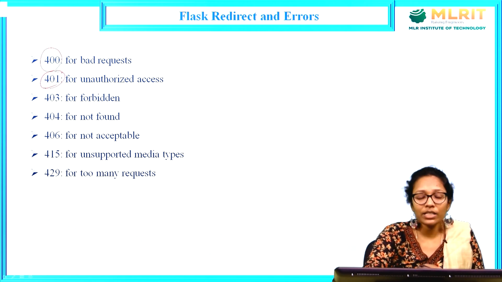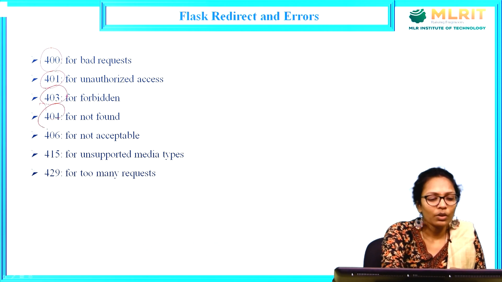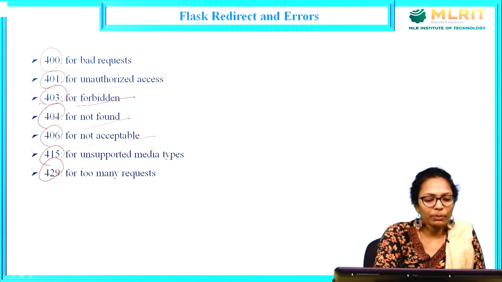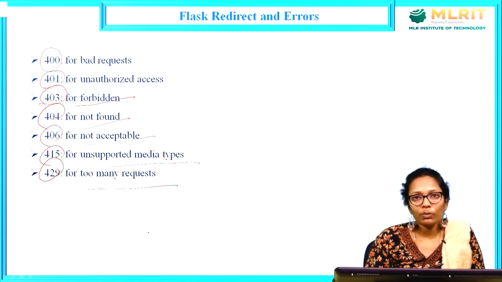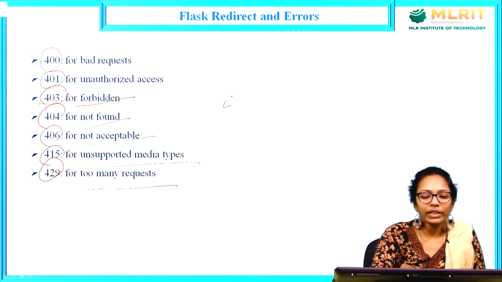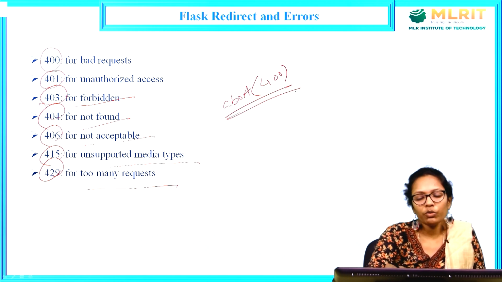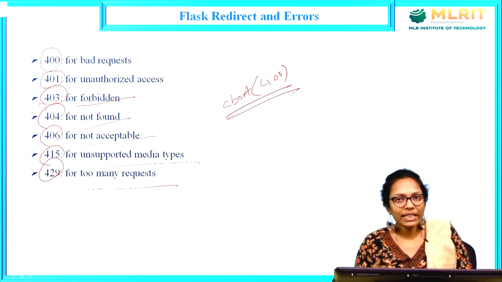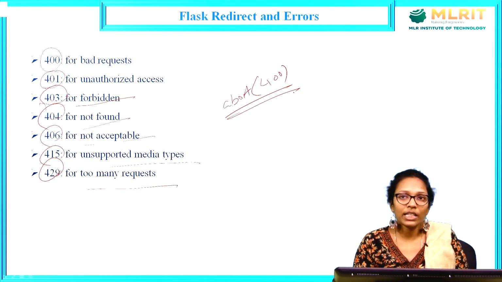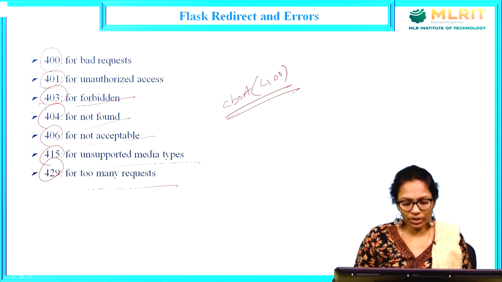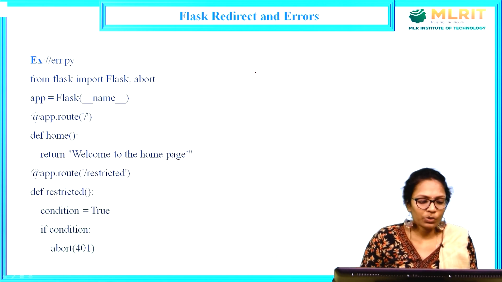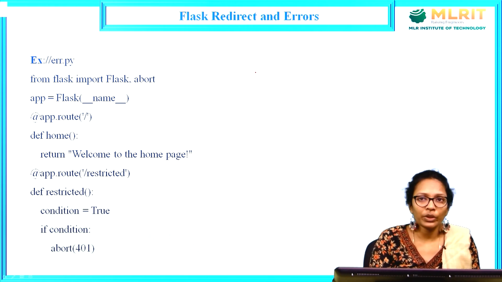Likewise, we have predefined error codes for forbidden, not found, not acceptable, unsupported media files, too many requests. If you are facing any of these problems in your program, to get the information about them, you can call this function abort of 400. So instead of getting the not found page, you can get the information about your error, because of what error you got this information.